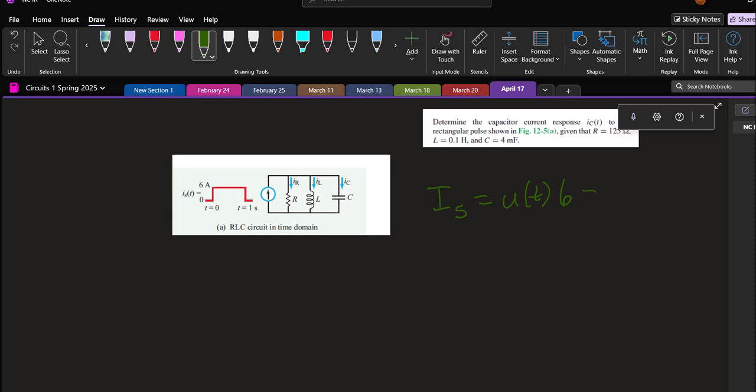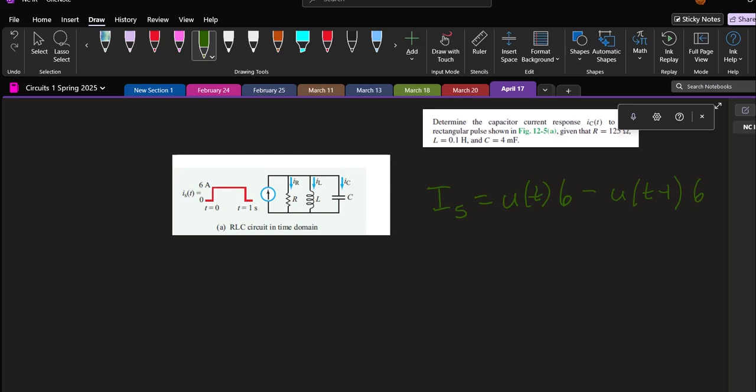And then I need to subtract out the unit step function t minus 1 times 6. And so that will get me that one. I don't think you're ever going to have to do this. You'll probably just have a number there. You won't ever have to do that kind of transformation.